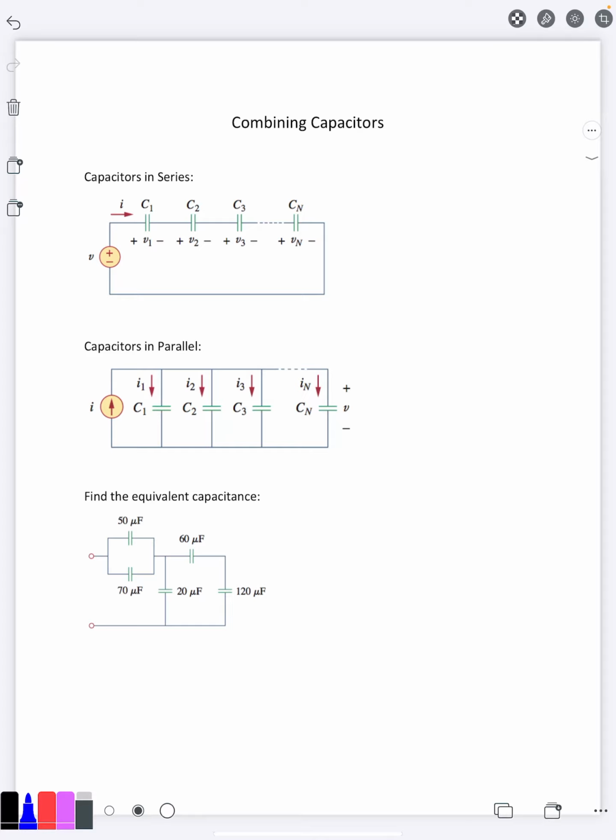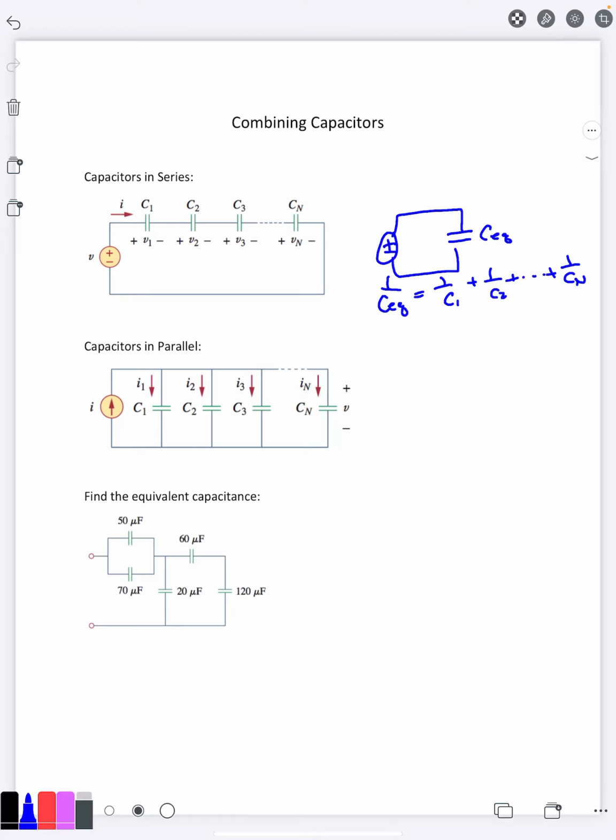So when you have capacitors that are in series, you have to use the more complicated formula, which is just saying take the individual capacitances, take the reciprocals of them, add them all up, and take the final reciprocal of that answer, and that will get you your equivalent capacitance.